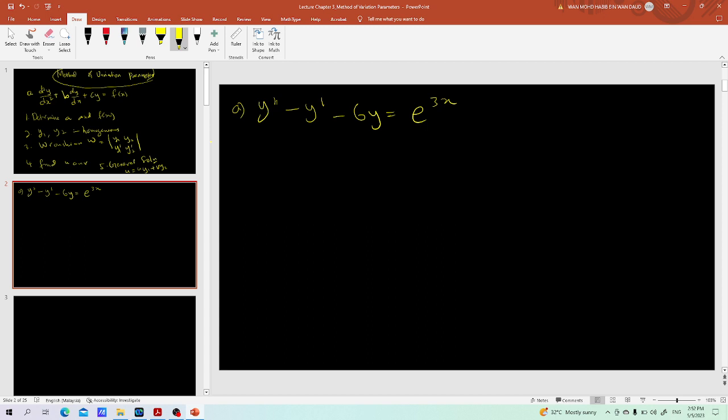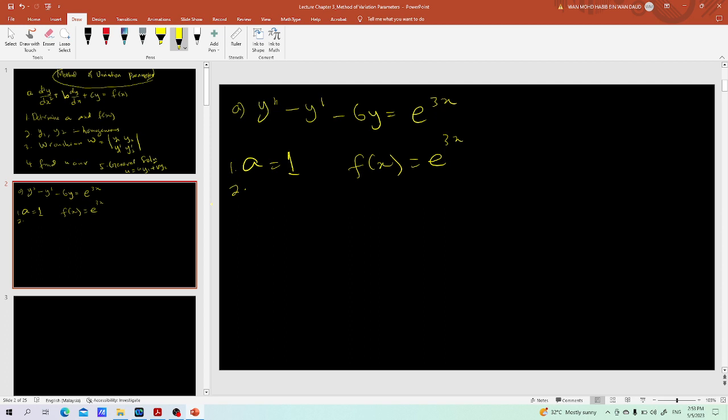What is a here? A is the coefficient of double prime here, so we will have 1. And then fx. What is fx? We have fx equals e 3x. Okay, settled.